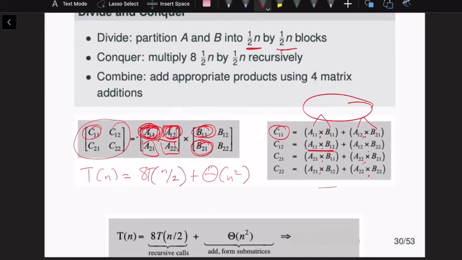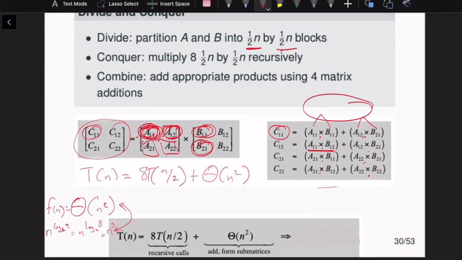Now, if we think about this, we're going to look at our master theorem, and see which one of the cases this falls under. So again, we're going to compare theta of n squared, because this is our f of n, with n to the log base b of a, which is n to the log base 2 of 8, which is n cubed.